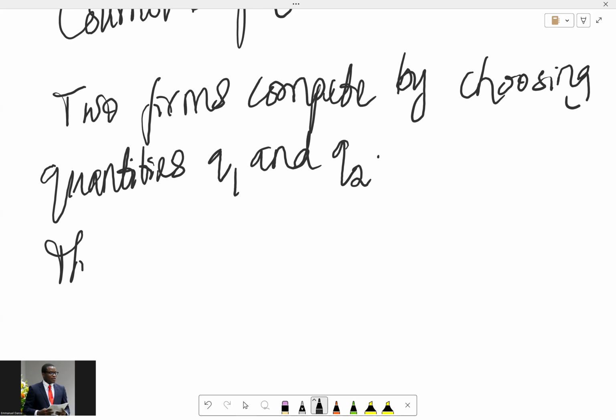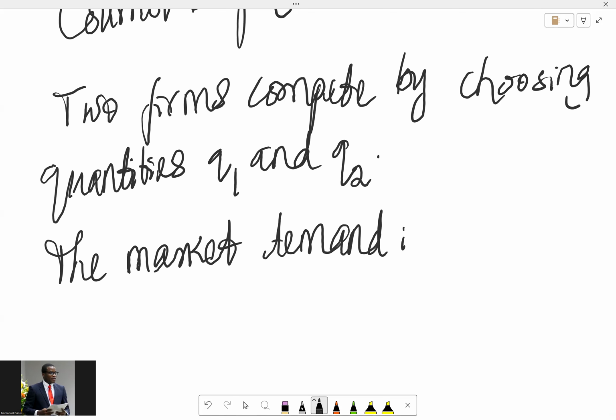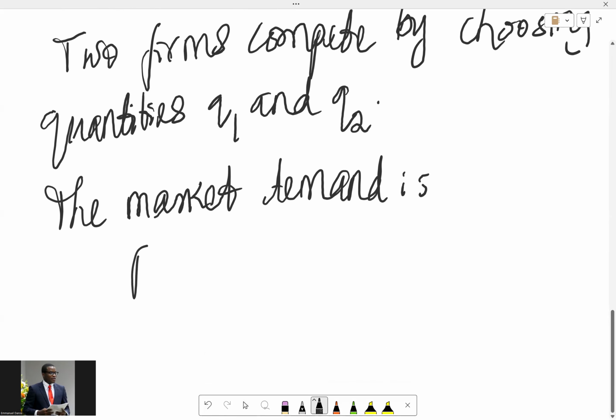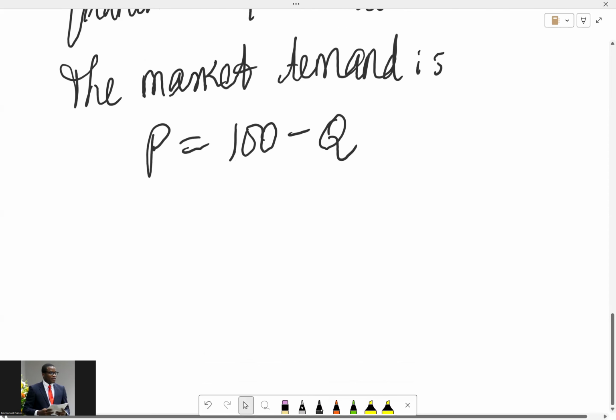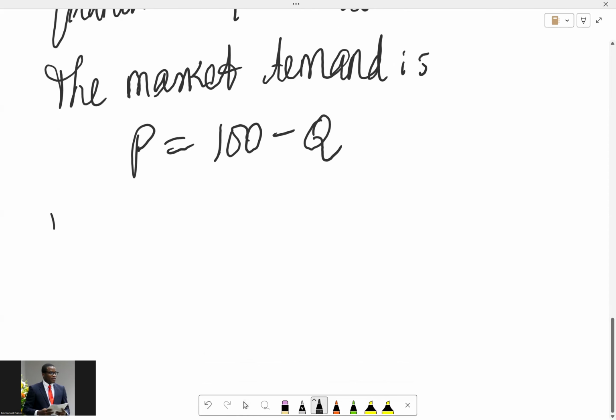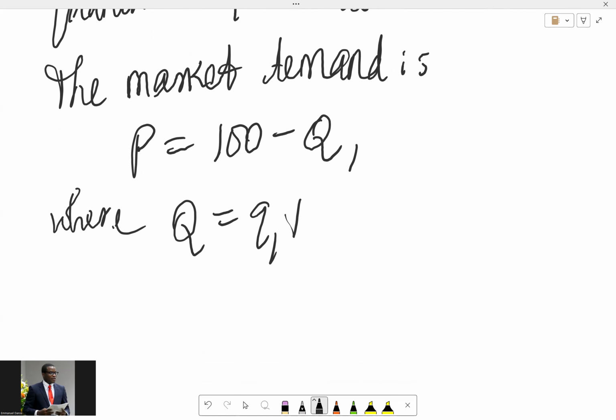Okay. Then the market demand is P equals 100 minus Q, where Q is equal to Q1 plus Q2.